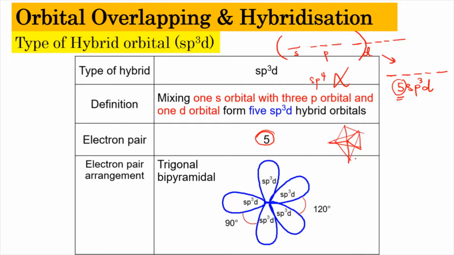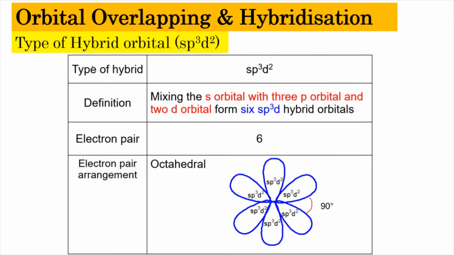Okay, and if you were to draw the hybrid orbital, you're going to draw 5 lobes, each labelled sp³d. Okay, so it is consistent with the trigonal bipyramidal here.